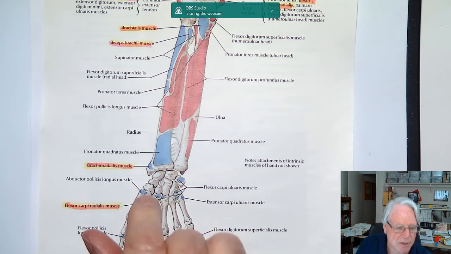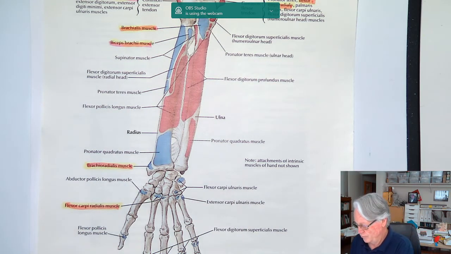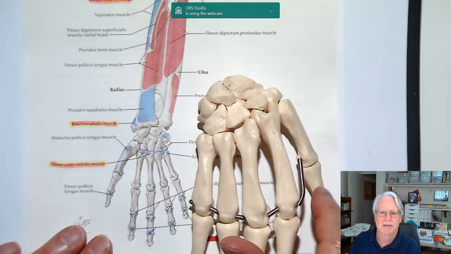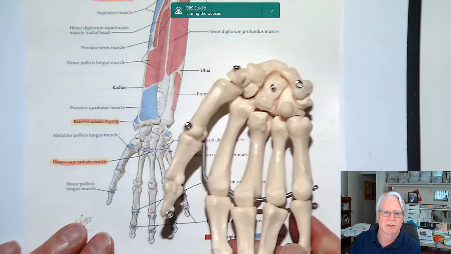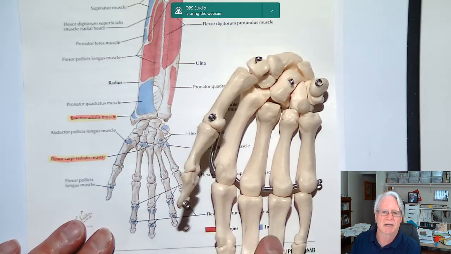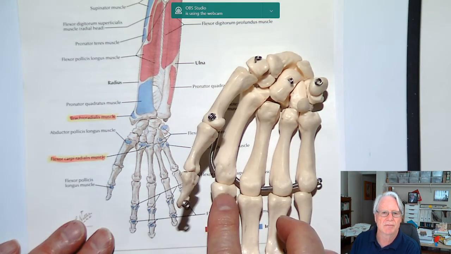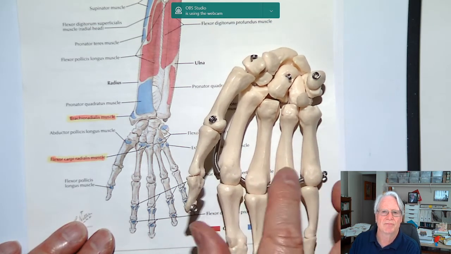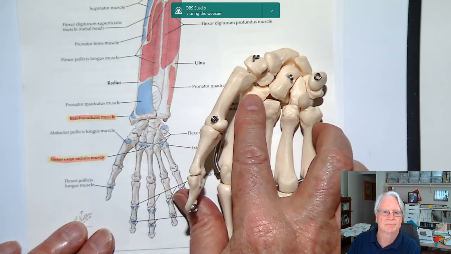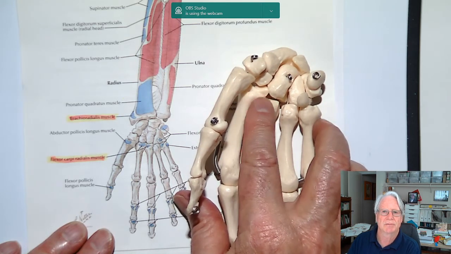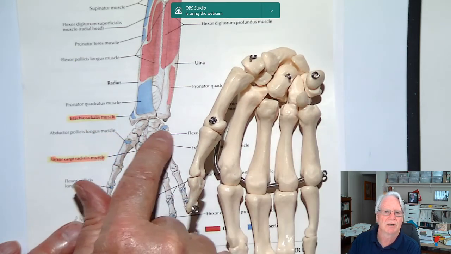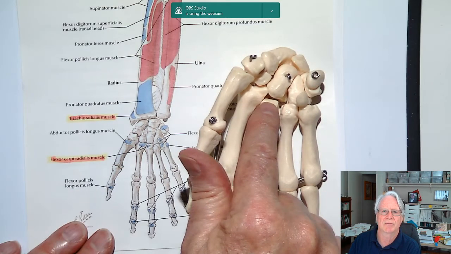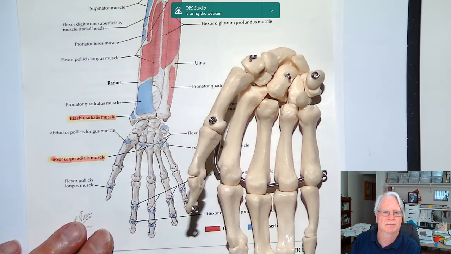So on the hand, now notice that the thumb is on the same side, and here we are. It's going to be right there and right there. So these are my carpal bones, and right there. So here and here, those two locations right there.